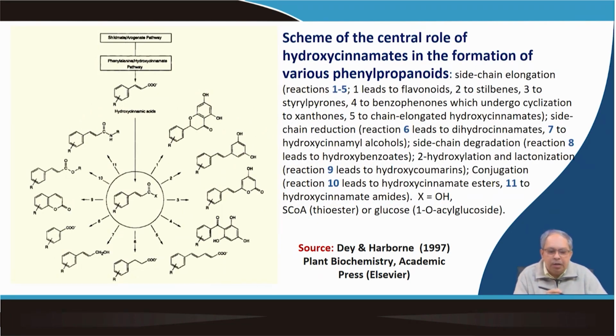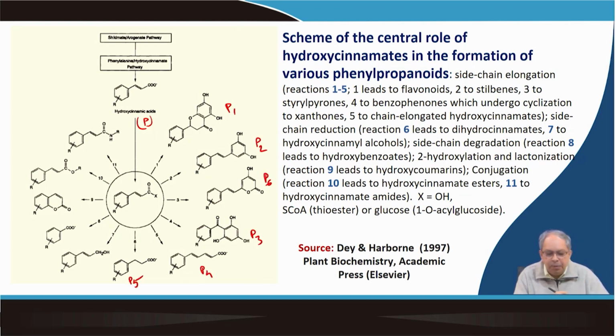I ended the class with this schematic diagram, where I said that hydroxycinnamic acid is basically the P, and these are different P1, P2, P3, P4, P5, P6, and so on.